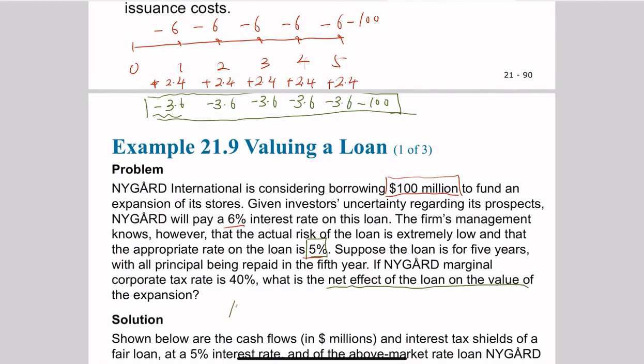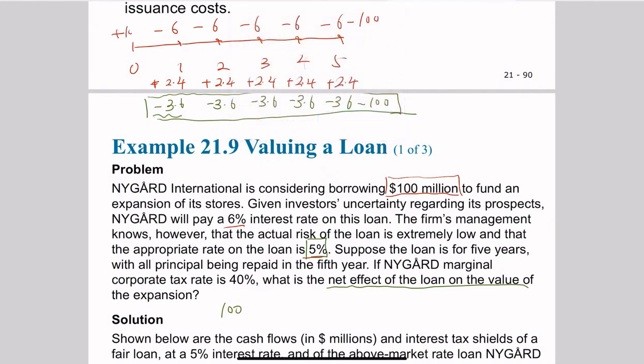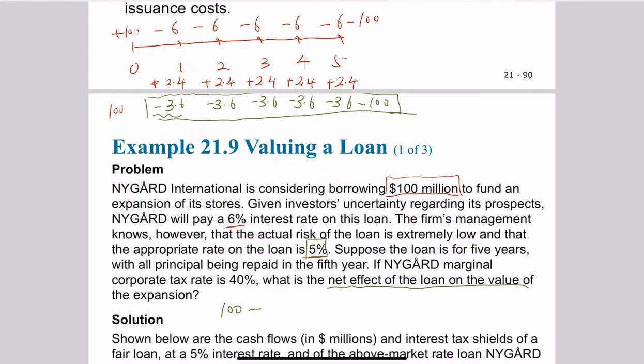Oh, we have to think on day 0, you have $100 million. So you raise $100 million on day 0, right, from the debt. So don't forget this part. And then you will pay out these cash flows.